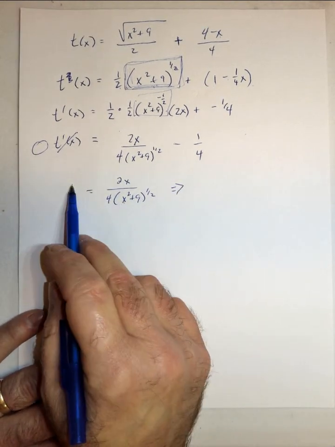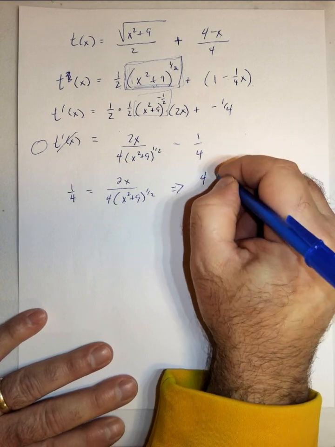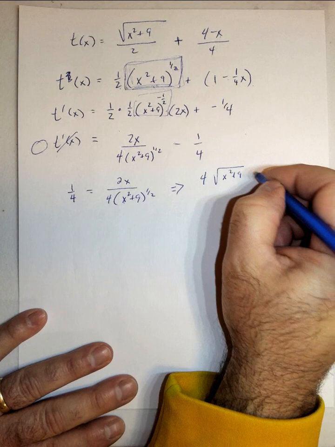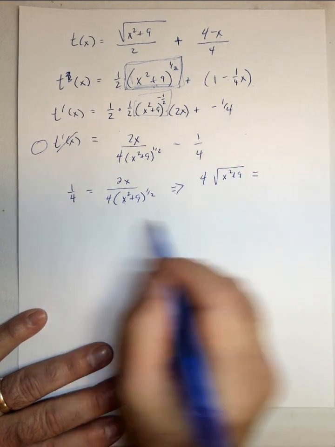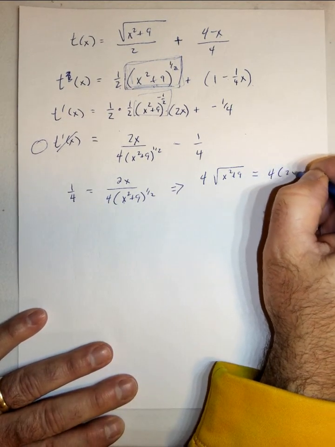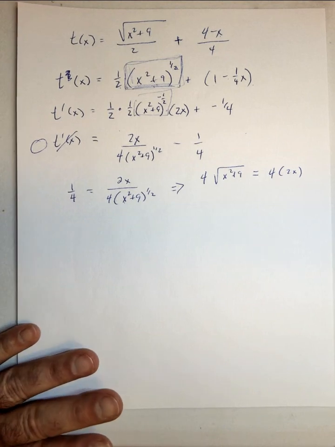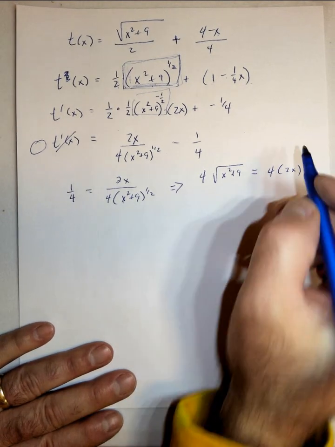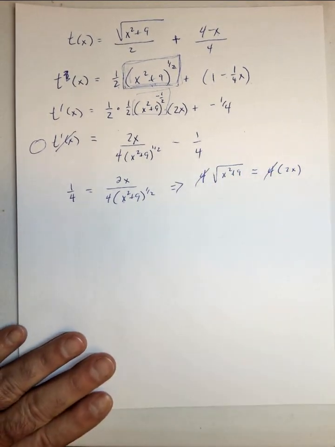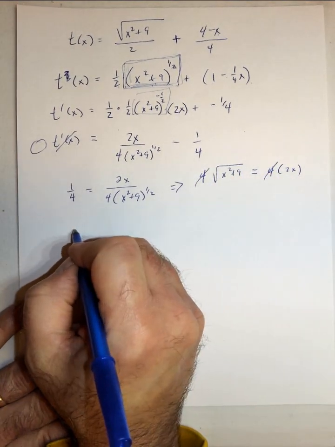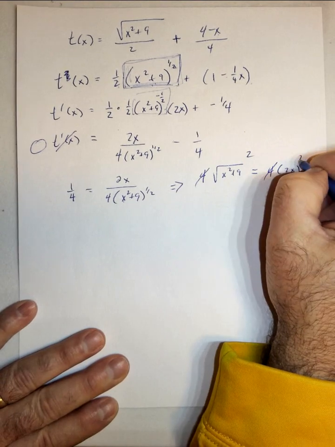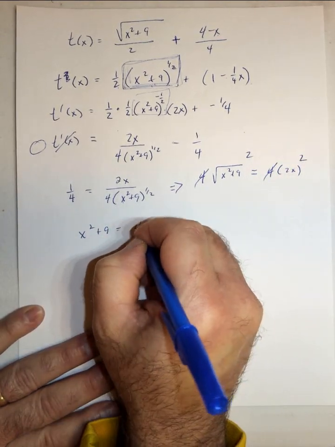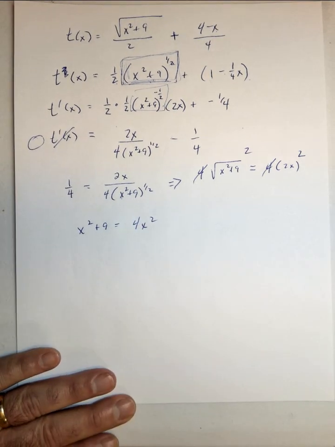So this is 4 times the square root of x squared plus 9 equals 4 times 2x. So these 4's cancel. And then squaring both sides gets me x squared plus 9 equals 4x squared.